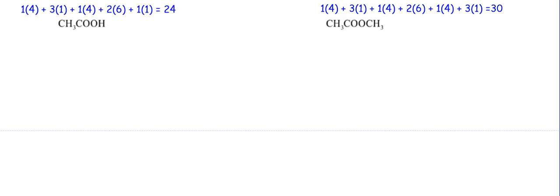If you ever see COOH or COOC or COO something, all right, you're going to have a double bonded oxygen on the carbon and then a single bonded oxygen. So let me show you what the skeleton of the first one would look like. If you ever see OO like that, you're going to put a double bond O off of one and then a single bond O off the other.